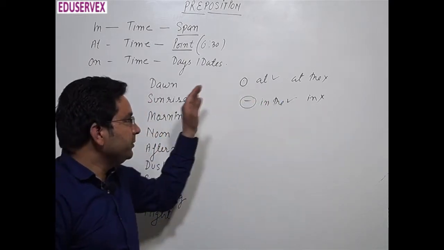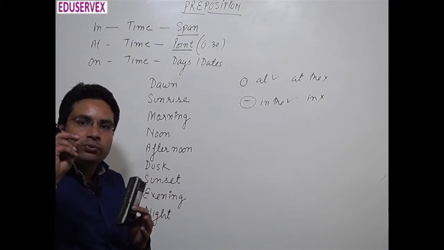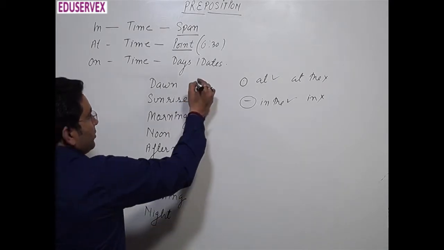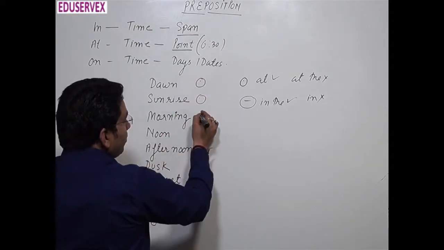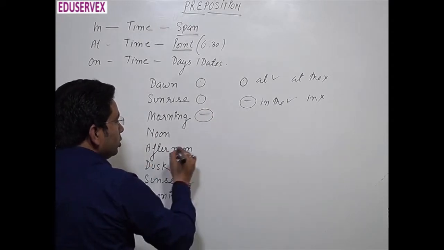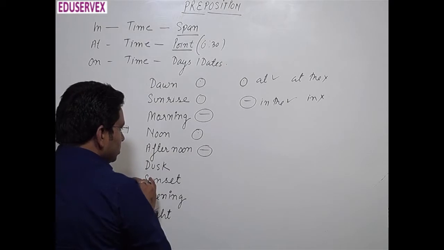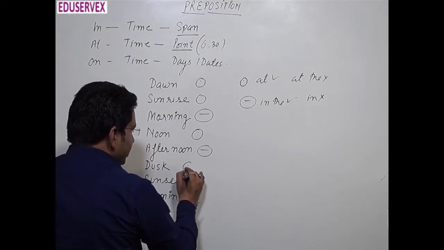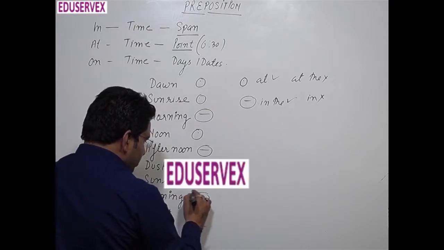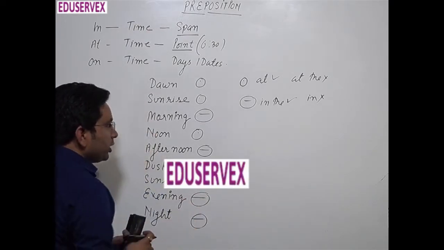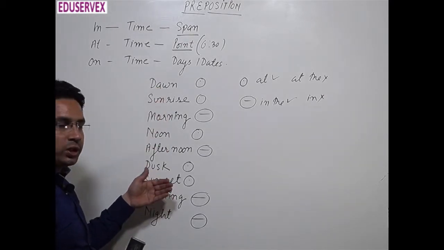Let's see. If I'm talking about the dawn, it's a small period of time. It's like a point. Sunrise, it's like a point. Morning, it's a span. Noon, it's a point. Afternoon, it's a span. Dusk, it's a point. Sunset, a point is there. Evening, span. Night, span. Okay, so easily you can see where to use at and where to use in the.